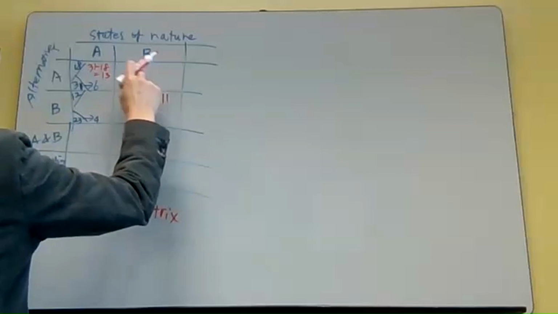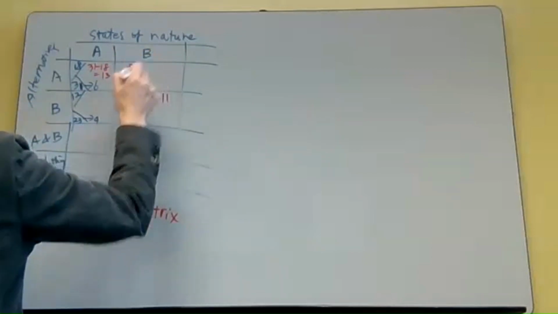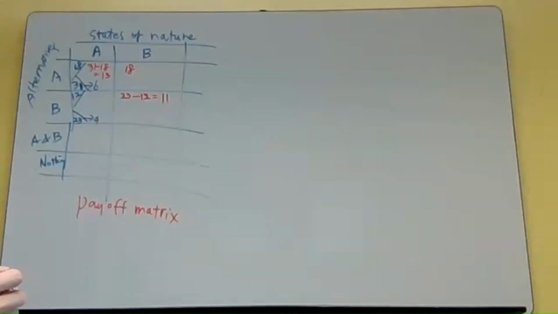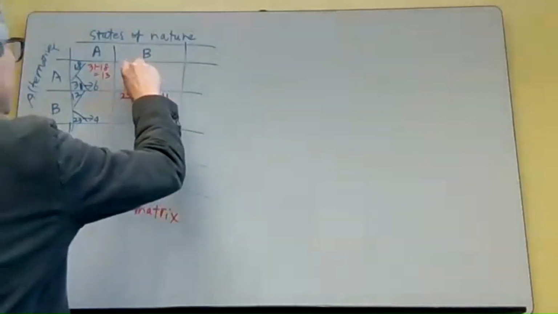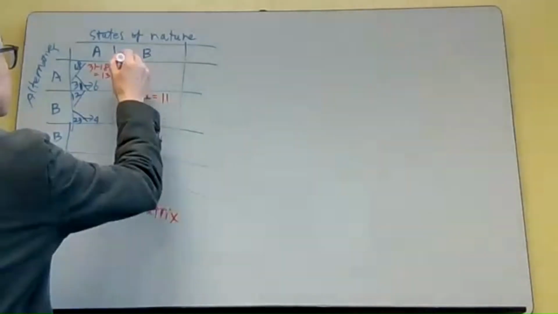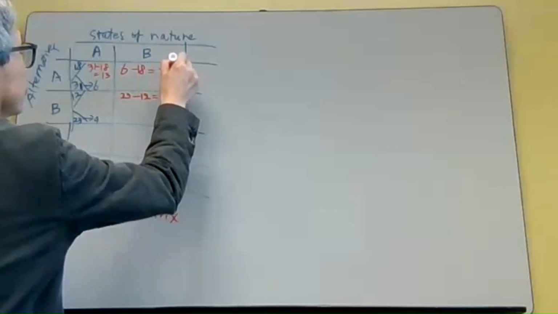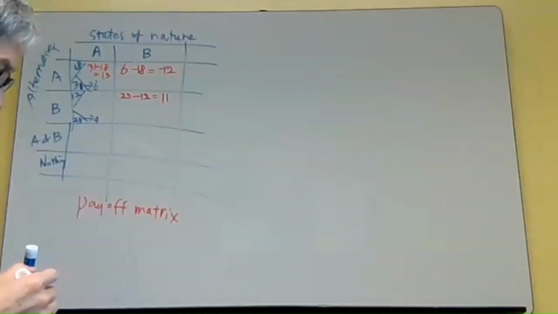So the payoff in this situation, you paid $18 million, but you're selling this parcel A, so you will get only $6 million. So you're actually losing $12 million.